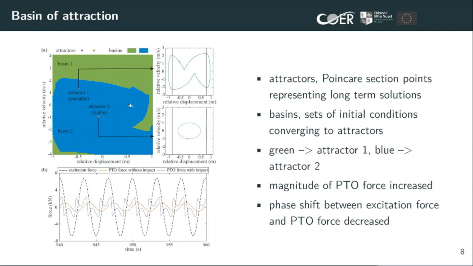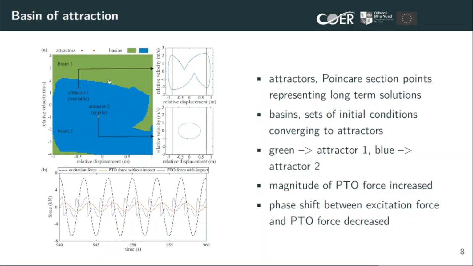In this figure, an attractor is a Poincare section point representing the long-term behavior of the system dynamics, generally an orbit or solution of the system. The basin is a set of initial conditions with which the system dynamics converge to this attractor.